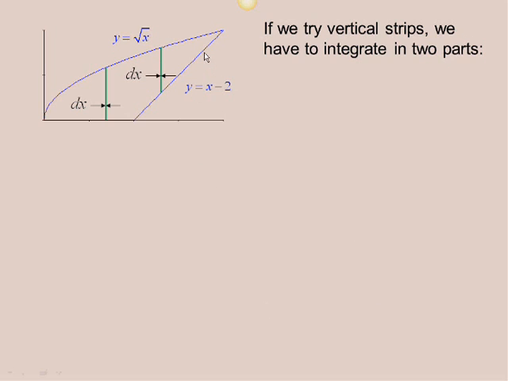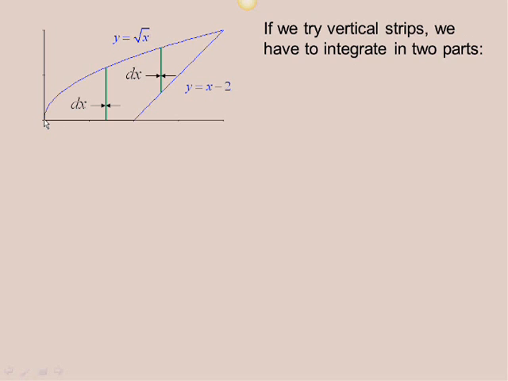This x minus 2 does not actually just stop, it actually continues on down below. So if I integrate from 0 all the way to 2, I'm actually taking this area in this piece as well as this area down below, and I don't want that. I just want it to be bounded by the x-axis.